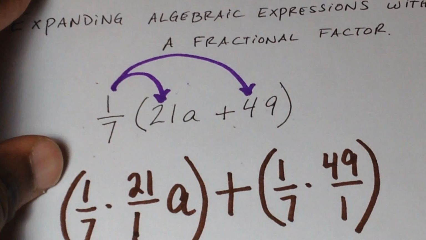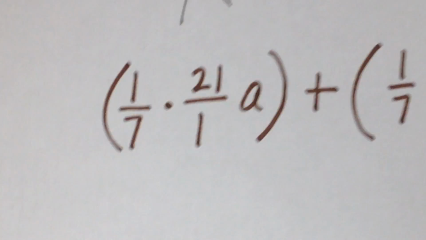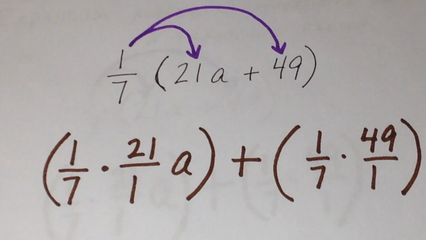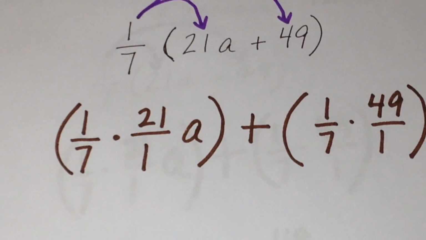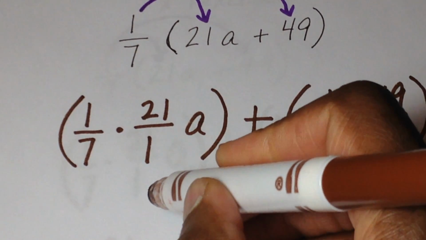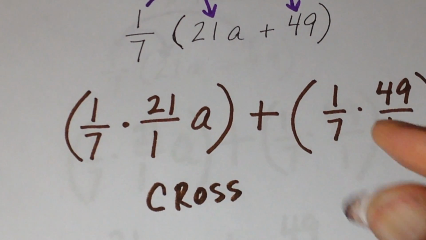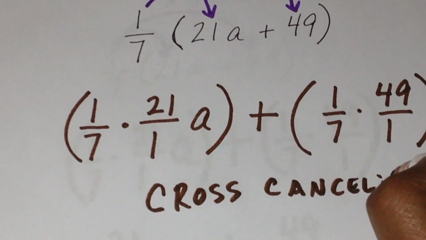Now I want to show you something else. Same type of question, the same question done again, but this time we're going to do another thing. This may be familiar to a lot of people. It's called cross canceling.